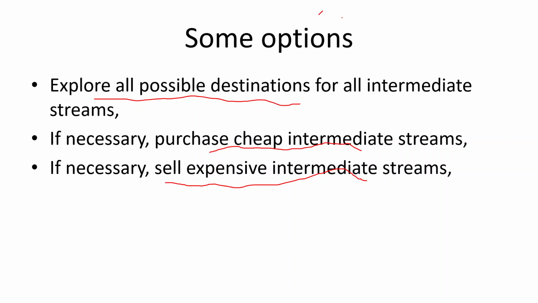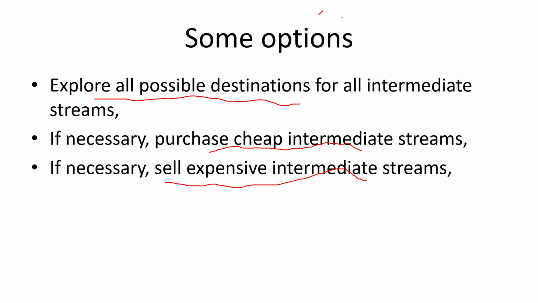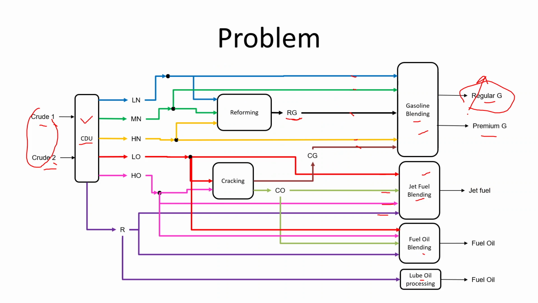And you don't need to blend, for example, you don't need to put that, in this case, what is that stuff? Wait, in this case, suppose this heavy naphtha is required, and then you can sell it at a higher price.